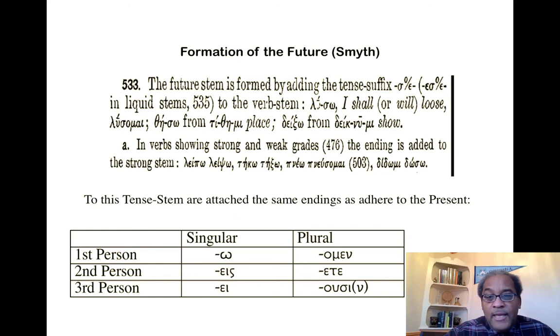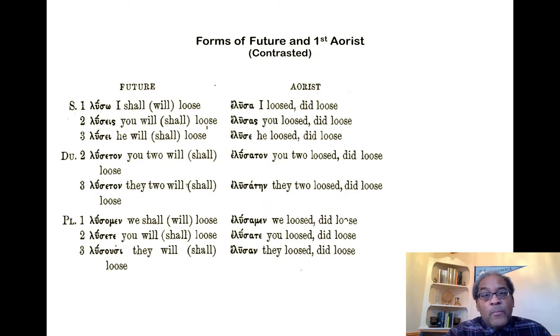O, eis, ei, omen, ete, ousi. So you end up with this contrast between the future and the first aorist, where both columns display the lambda, long upsilon, sigma, but the future shows the personal endings of the present, whereas the first aorist shows first the augment, the epsilon, and then the secondary endings with the alpha being dominant.